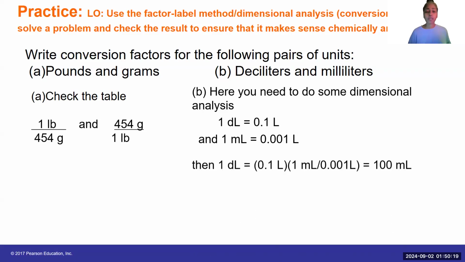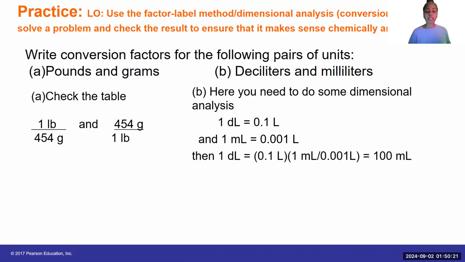So if we do a little bit of dimensional analysis, we can say that 1 deciliter is equal to 100 milliliters. So we've got 0.1 liters, we get that from this equality here, times 1 milliliter divided by 0.001 liters. And that gives us 100 milliliters.